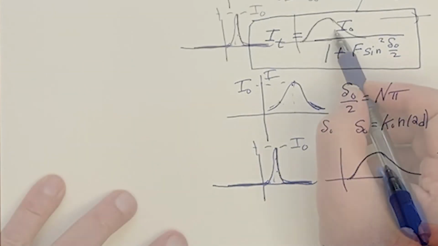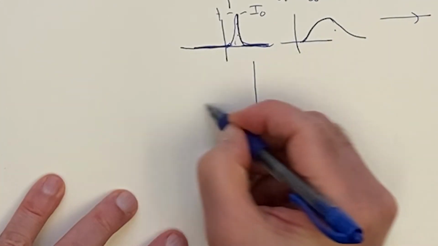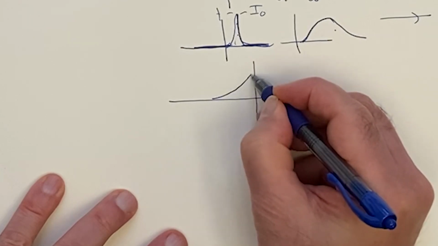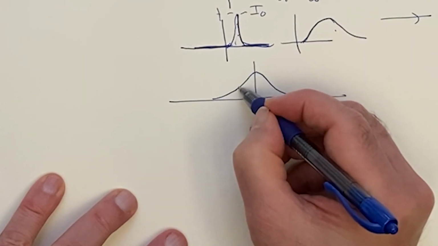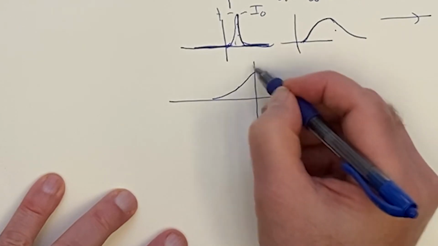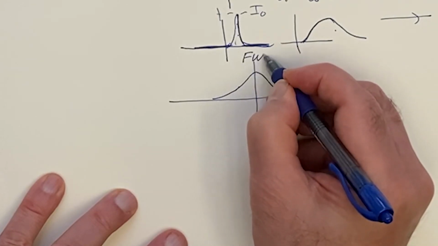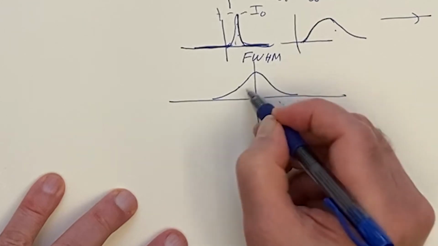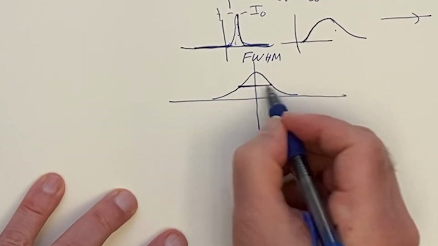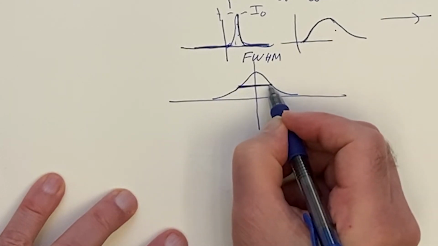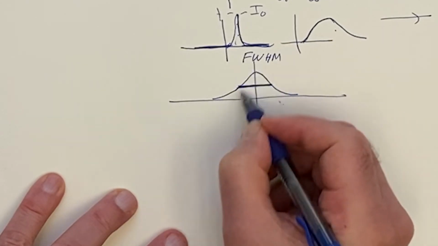So to help get a rating on what this is, more specifically, what we like to look at is the full width at half maximum. So say 50% of the way up here and here. You take your width, and that's going to be the full width at half maximum.